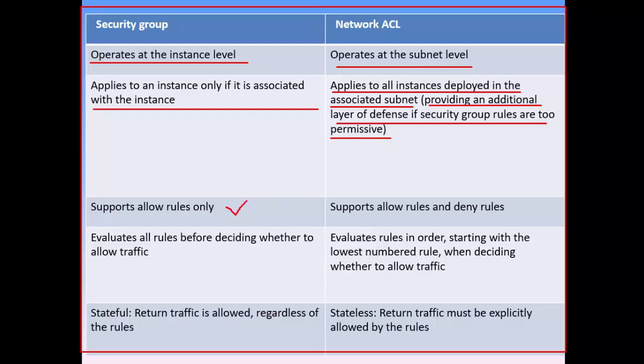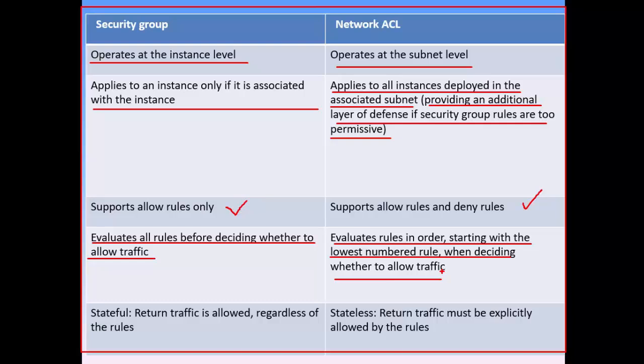Security group supports allow rules only, while NACL supports both allow rules and deny rules. Security group evaluates all rules before deciding whether to allow traffic, but NACL evaluates rules in order, starting with the lowest number value rule, when deciding whether to allow traffic.